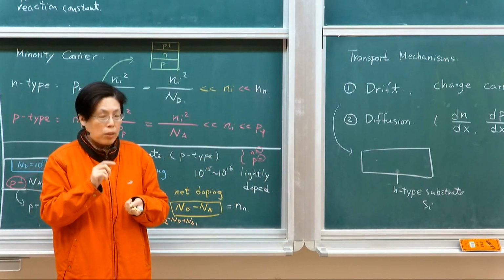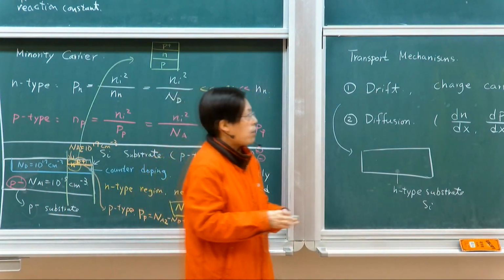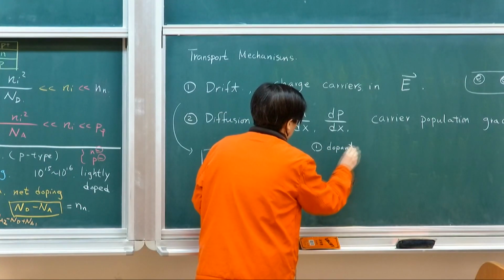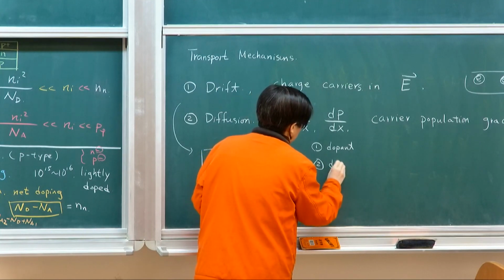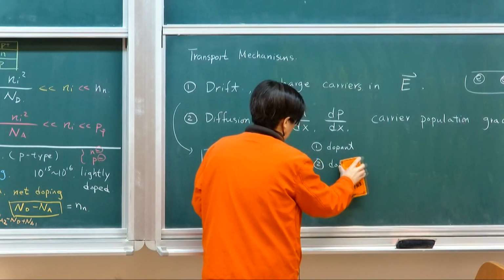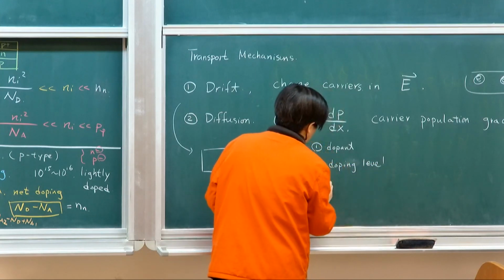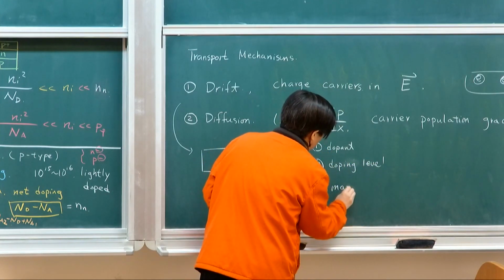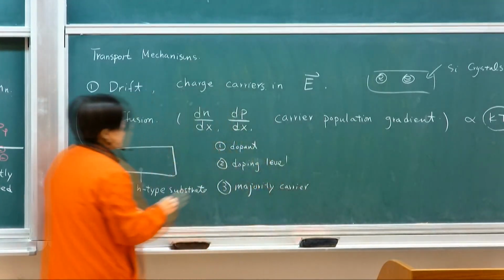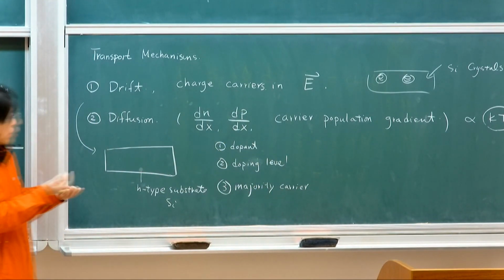For example, I will ask you questions like, if I have an N-type substrate, I'm giving you this information, you should be able to answer the dopant type, its approximate doping level, and then the majority carrier. Okay, so first the dopant, what is its dopant?